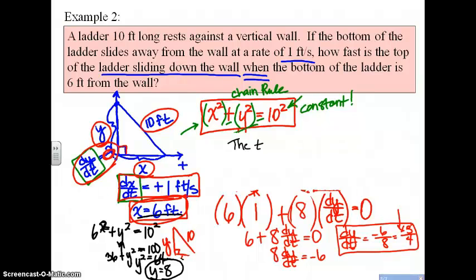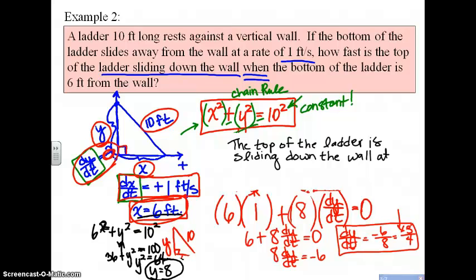The top of the ladder is sliding down the wall at a rate of 3/4. What are the units?